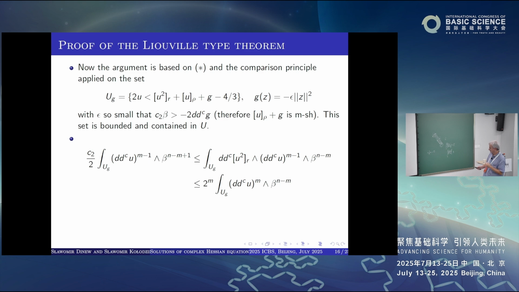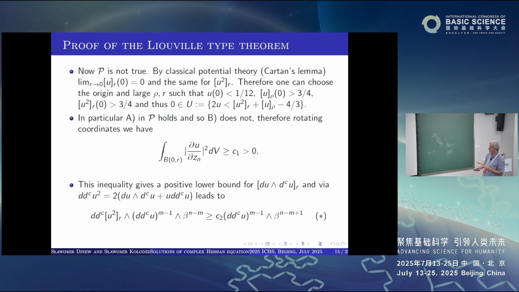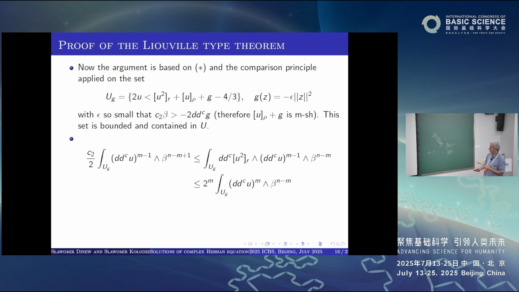And here we use the estimate from the previous slide, this one, the star. So what happens? UG is an open, non-empty open set. We started with something which is maximal, so this is 0. And we obtain that also when we change the power here to m-1, we get 0.